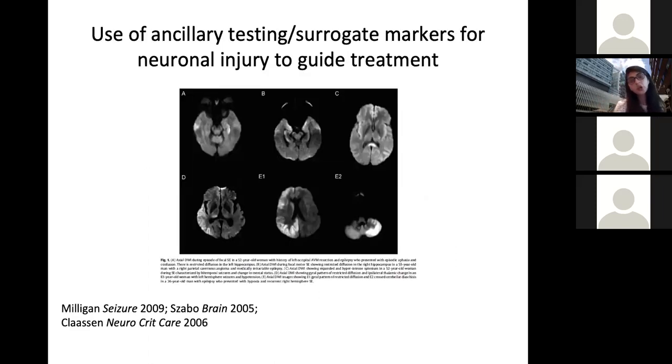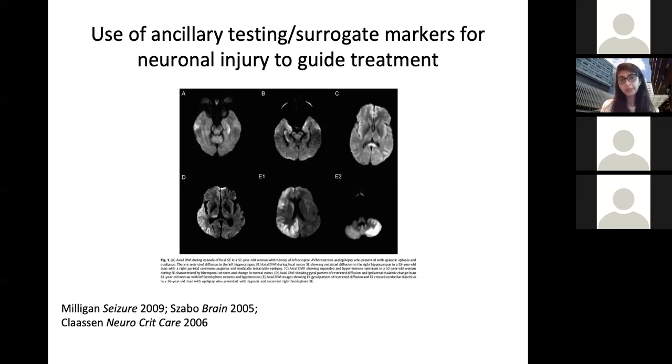So just an overview of some of the data that we have on ancillary testing. Again, there haven't been large randomized trials showing which of these testing modalities is best to use. But clinically, I know a lot of centers are starting to use additional data to help guide management. MRI is one of the modalities.